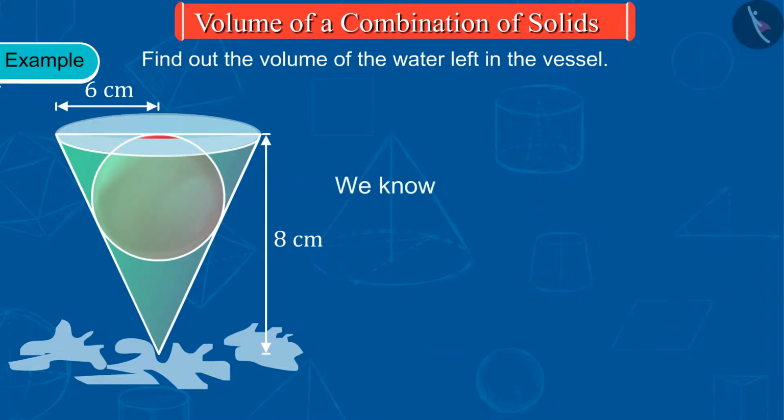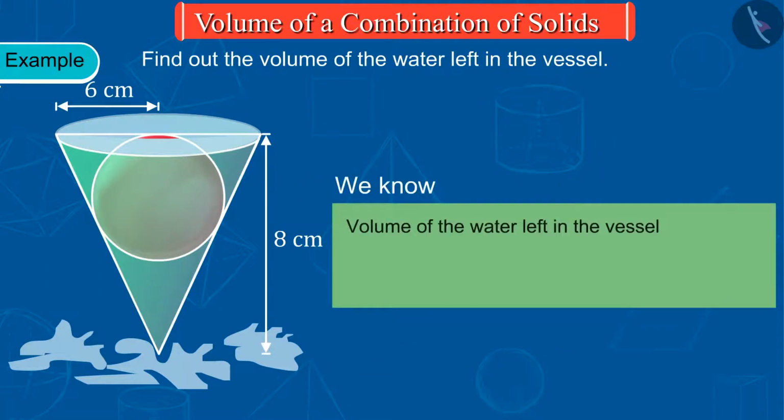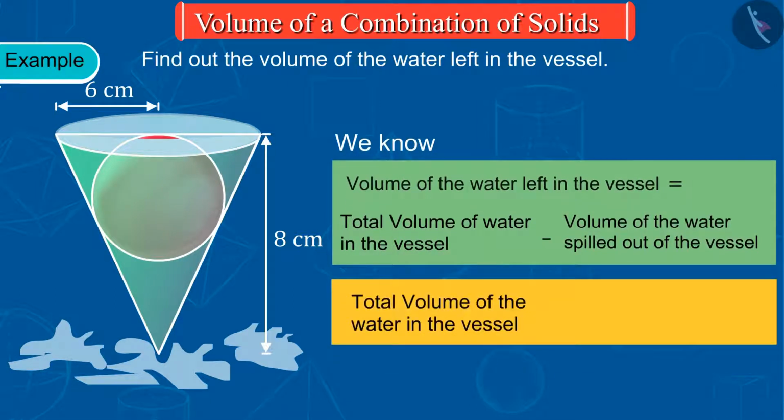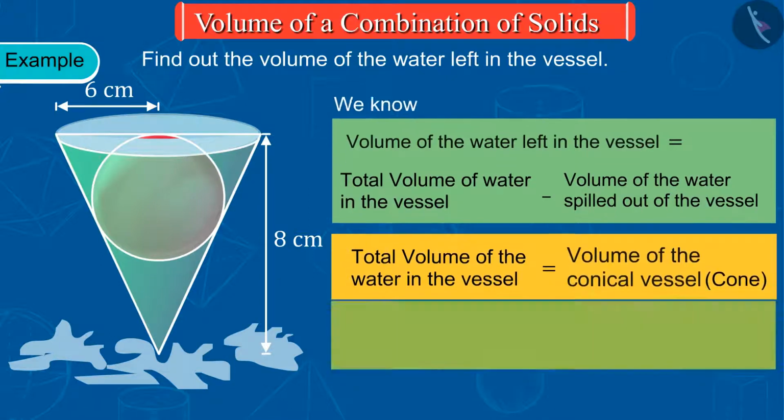We know that the volume of the water left in the vessel is equal to the difference of the total volume of water in the vessel and the volume of the water spilled out of the vessel. Also, the total volume of the water in the vessel will be equal to the volume of the conical vessel, that is, the cone.